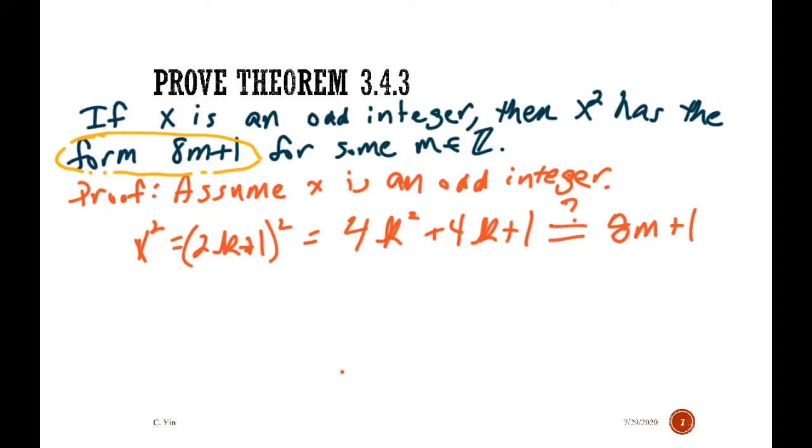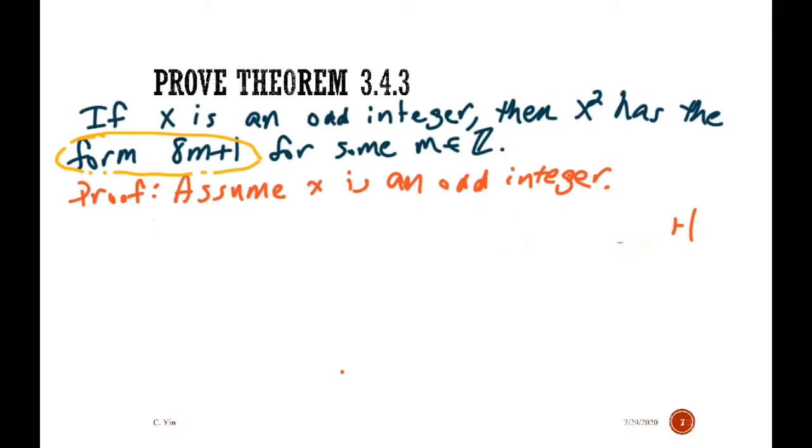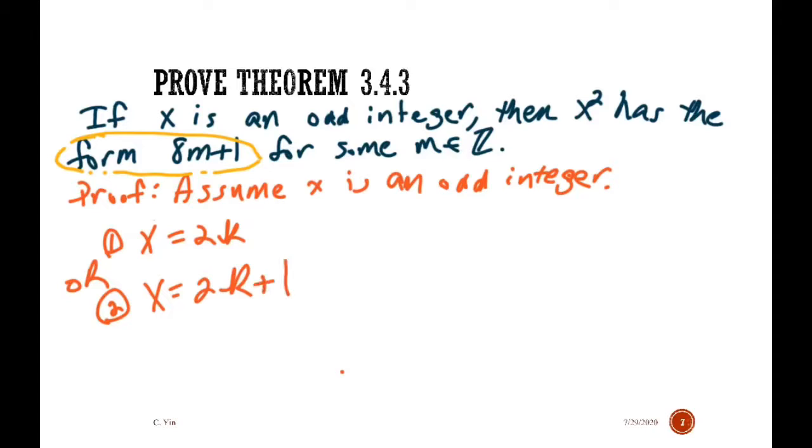So we tried to prove this directly, and it just really didn't help us out. So we're going to try to think about how we could write this using the quotient remainder theorem. We could write this x that we see here as 2 times k, which would be the first case, or x could be 2k plus 1. That would certainly cover all the different cases that we would have.